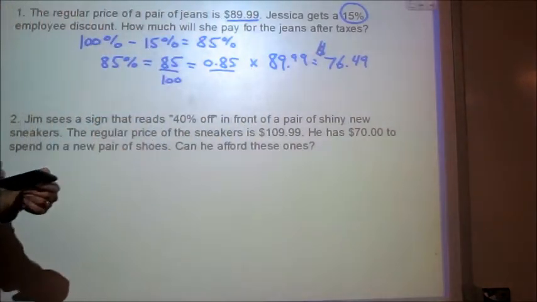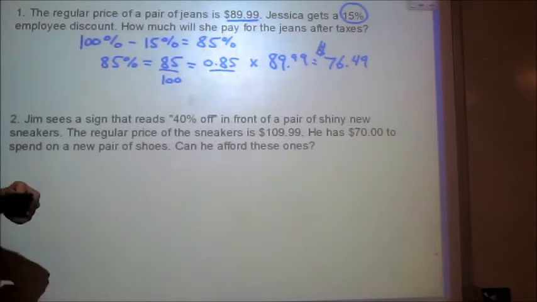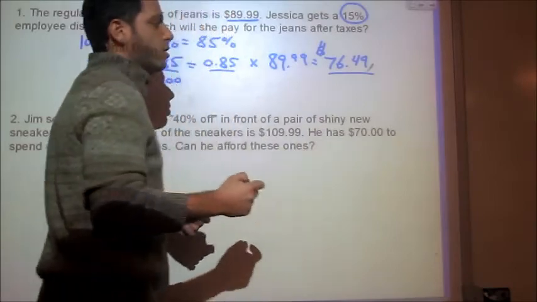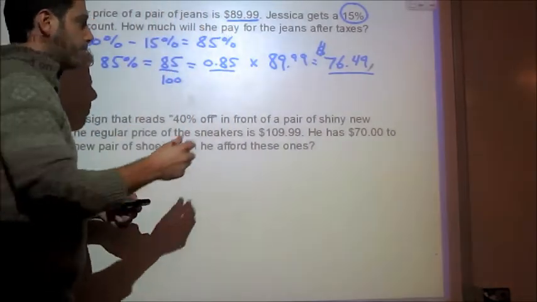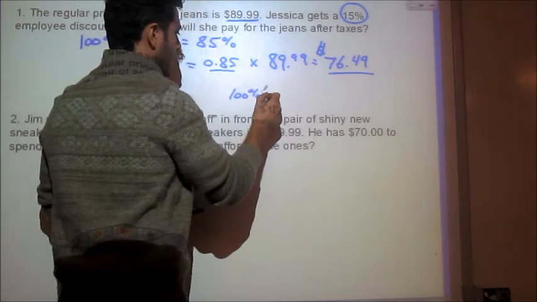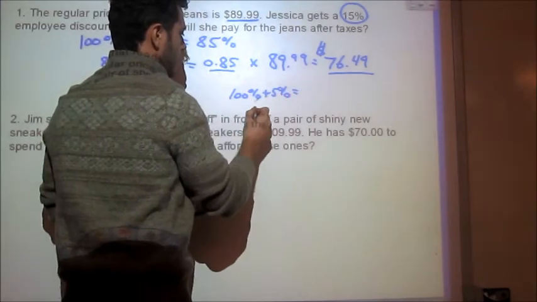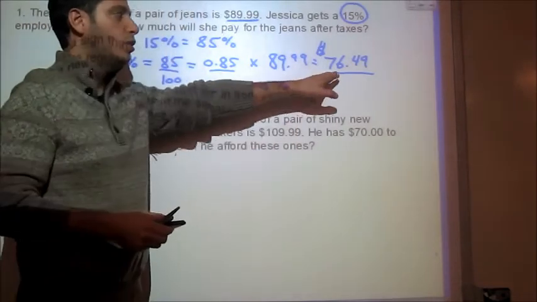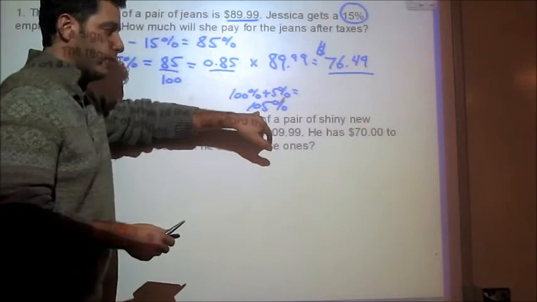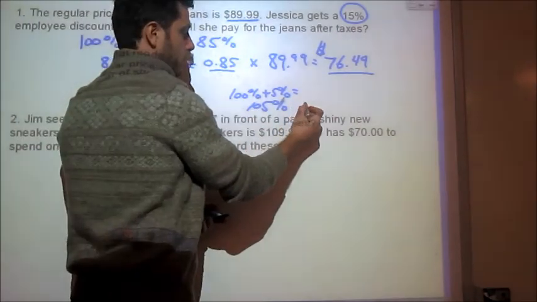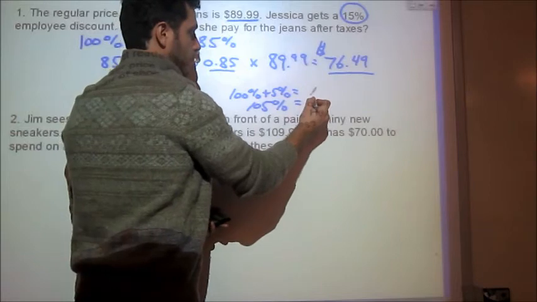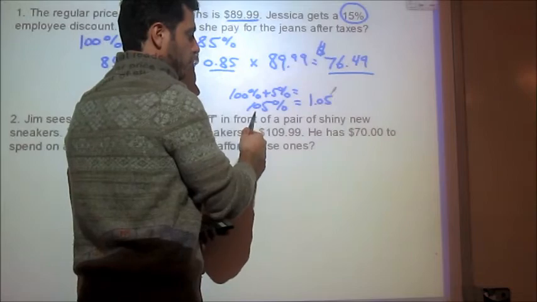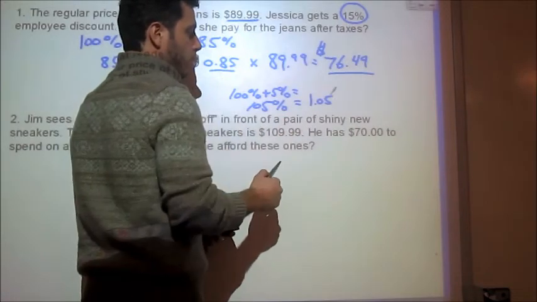Now, assuming that she is in Alberta, she would pay 5% tax on that price. This would be her discounted price. She would pay 5% more than that. So let's add our 5% to get 105% of the new discounted price. Convert this into a decimal, which would be 1.05, 105 over 100, which is 1.05.